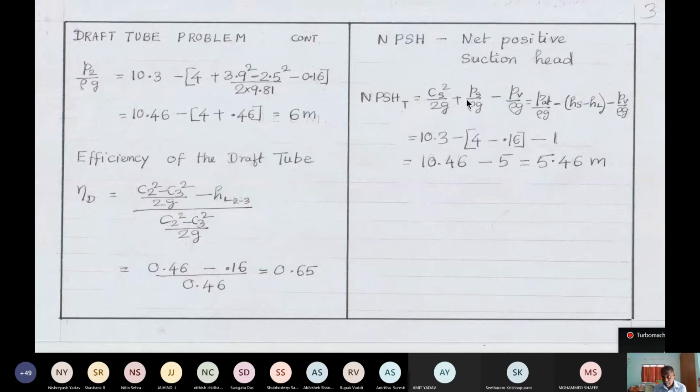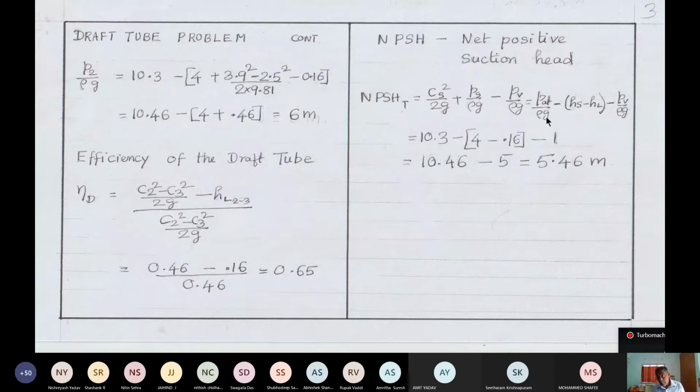Absolute total pressure, that means this PS should not be gauge pressure, it is absolute. Then this CS square by 2g, if I add that, this is the velocity head. So the total head minus the vapor pressure head PV by rho g. So this is how it is defined.